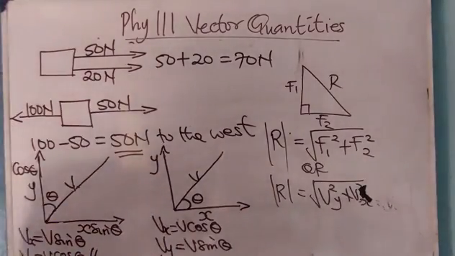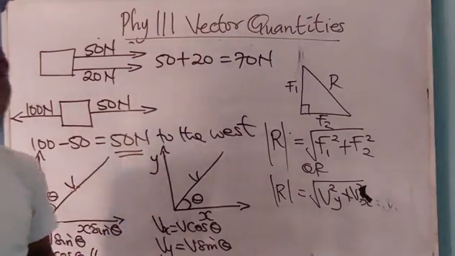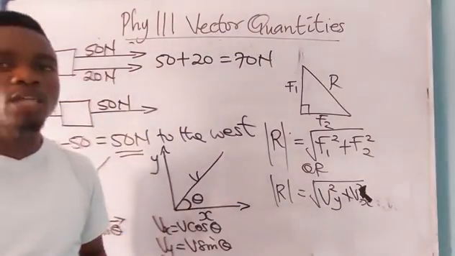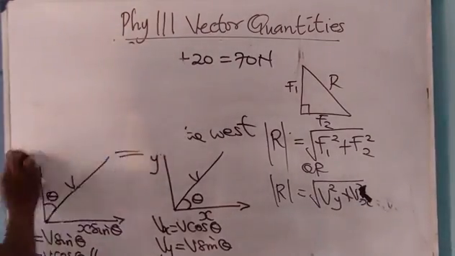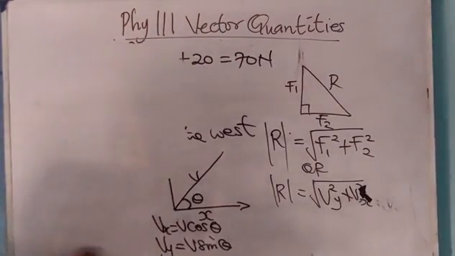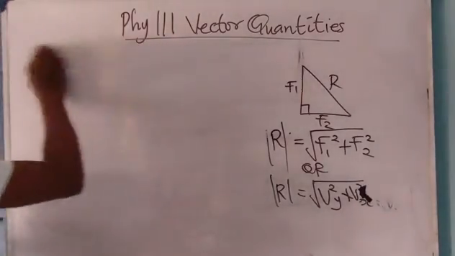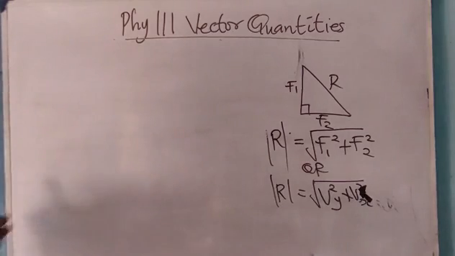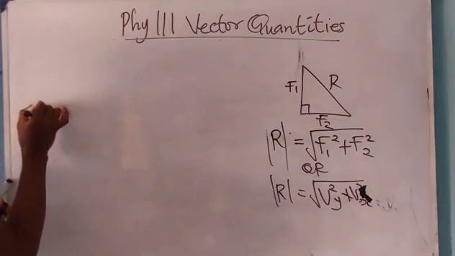Now, in some cases under this topic, which is vector quantities, we also apply the cosine rule and the sine rule. It is very, very important. This part is the part most students really do not take lightly.